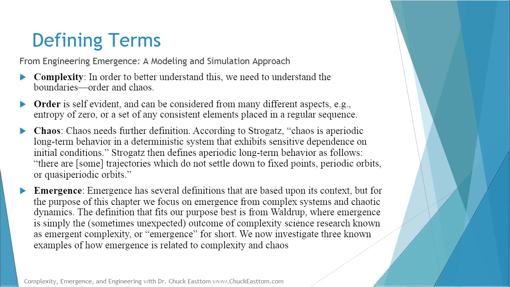So let's give ourselves some working definitions for the time we have together today. Order, we're going to define as any system wherein we can observe structure in either the construction or the behavior or the interaction of the system.